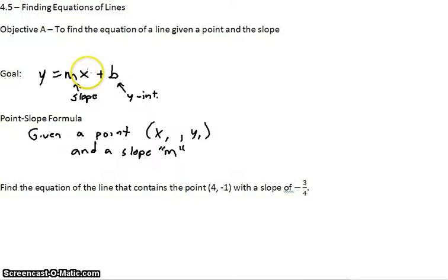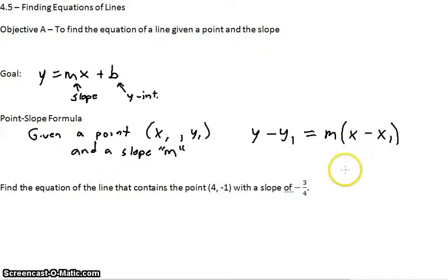It's much like the equation for slope-intercept up here, but we have a different formula, and you'll see how I use it and why it's so effective. The equation for point-slope is y minus y1 equals m times x minus x1.